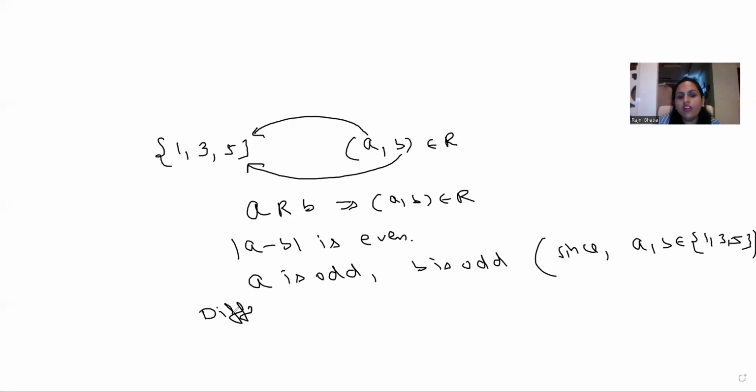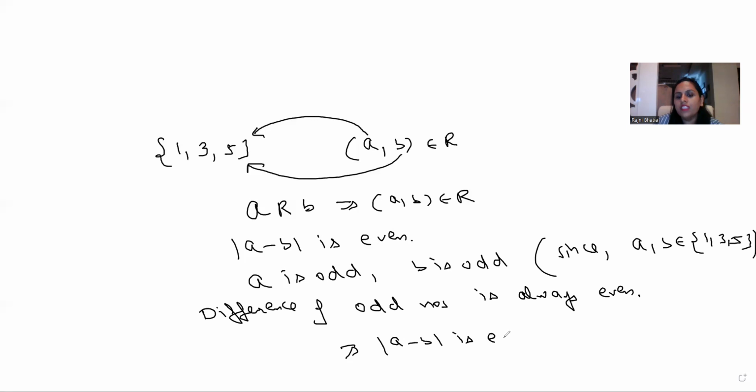Difference of odd numbers is always even. If we subtract two odd numbers, we are always going to get an even number. This implies modulus of A minus B is even. And therefore, we can conclude that all the elements of {1, 3, 5} are related to each other.